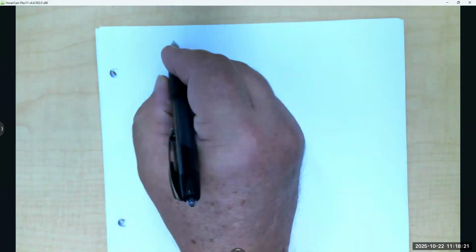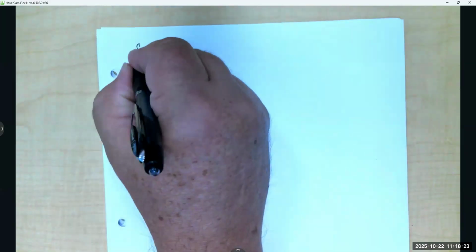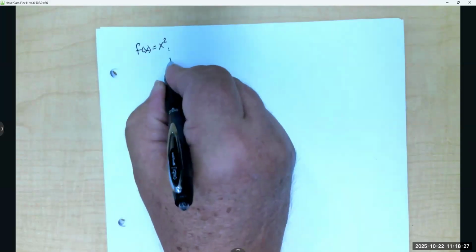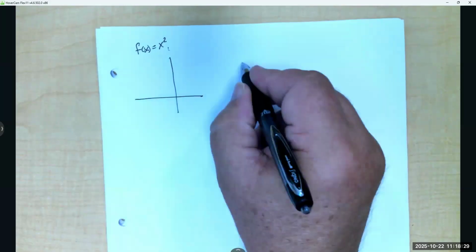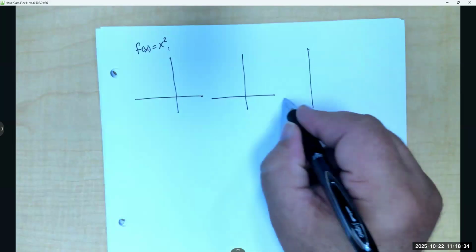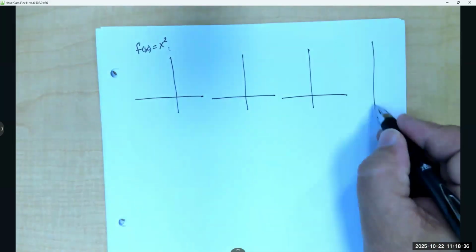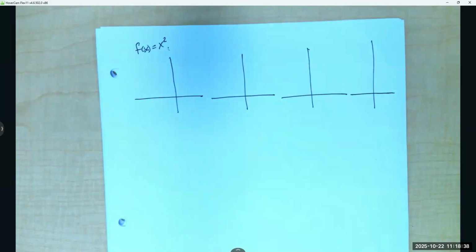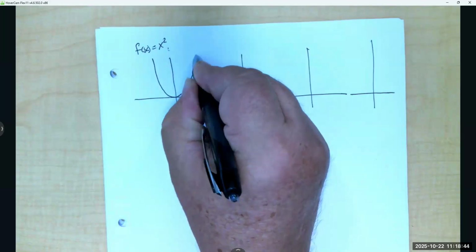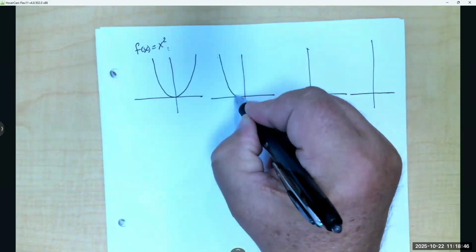All right. Let's look at how this works with our function x squared. There are four possibilities we can do with this function. All of these have the same graph. They're all x squared.